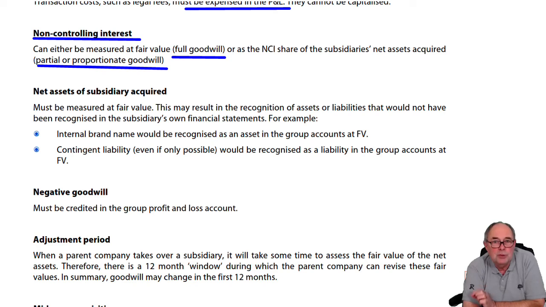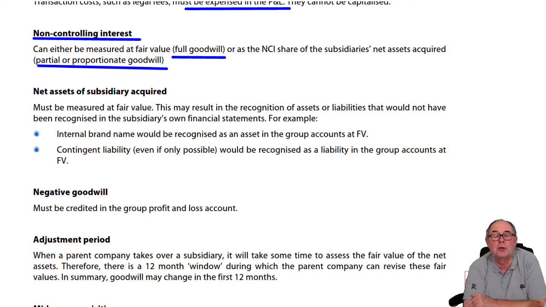Interestingly, you don't need to be consistent. So if in an exam question you took over two subsidiaries, subsidiary A used full goodwill, subsidiary B used partial goodwill, is that acceptable? Yes. You might say, well, that's disgusting.